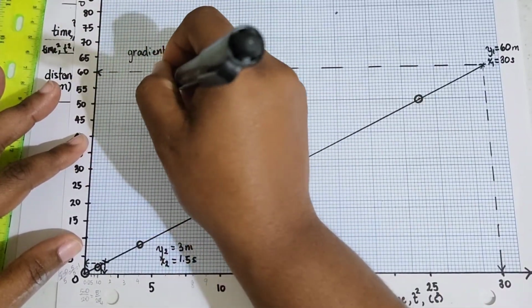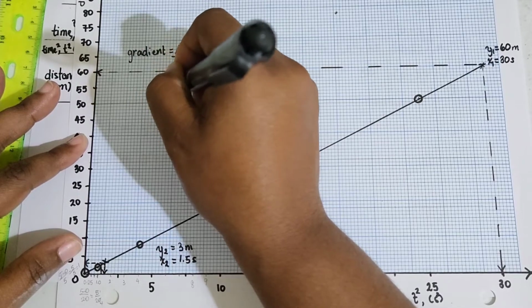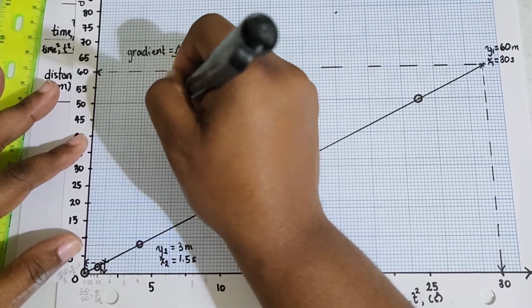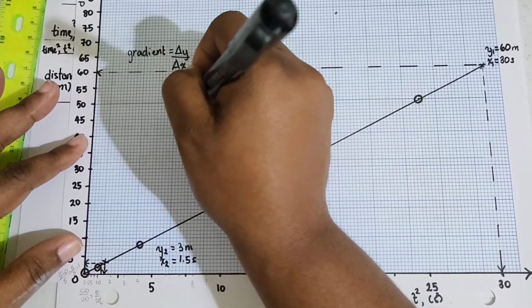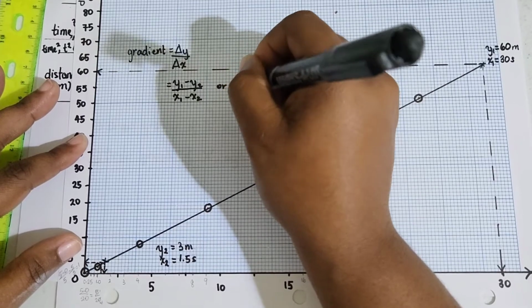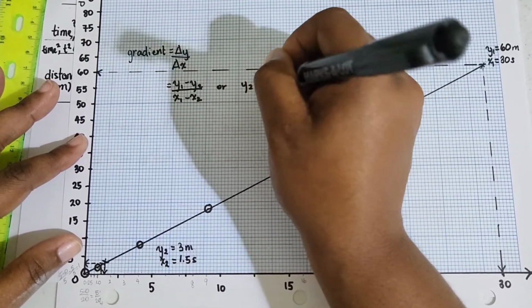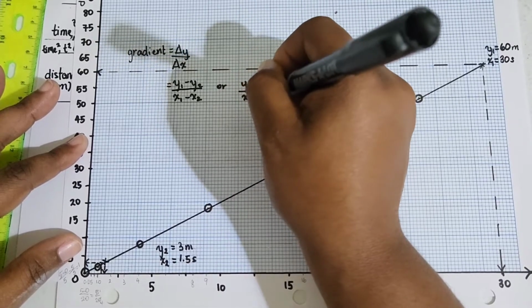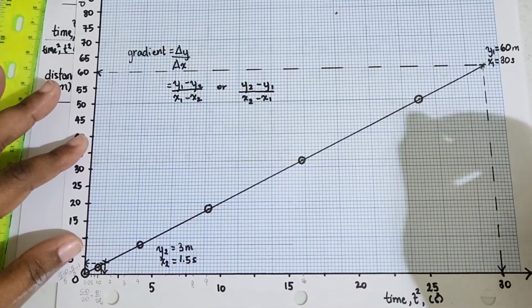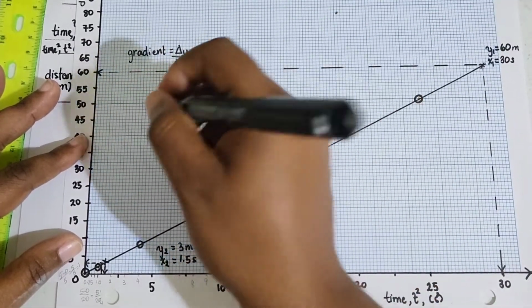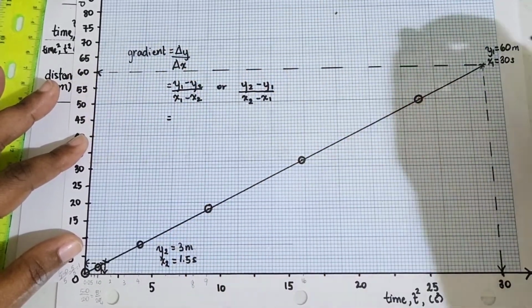Okay, so once we have established our points, now we're going to work out our gradient. We know that the gradient is either y1 minus y2 over x1 minus x2. So remember, it's y over x. Or you could find y2 minus y1 over x2 minus x1. Either way is fine. So you look at your numbers here, and I'm going to use this one. You could use the other one, so you could see if we get the same numbers.